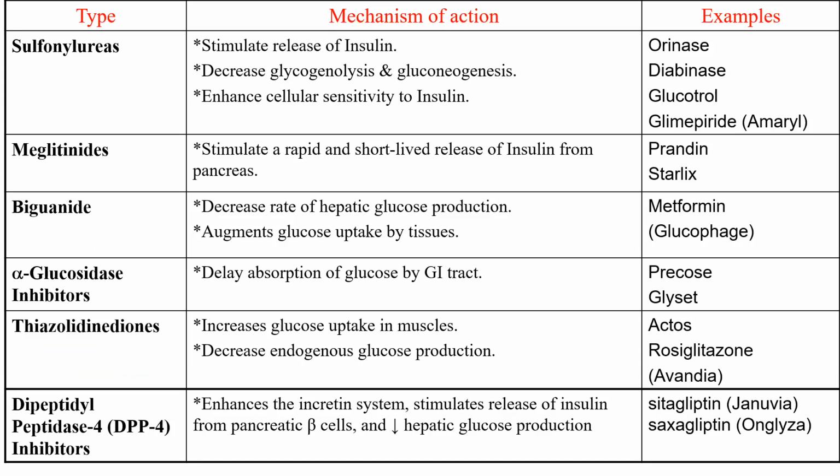Now, the classes of oral hypoglycemic agents or medications that are listed on this slide: sulfonylureas, meglitinides, biguanides, alpha-glucosidase inhibitors, thiazolidinediones, and the DPP-4 classification. We have a few examples of medications for each group or classification, and we have the mechanism of action for each one as well.